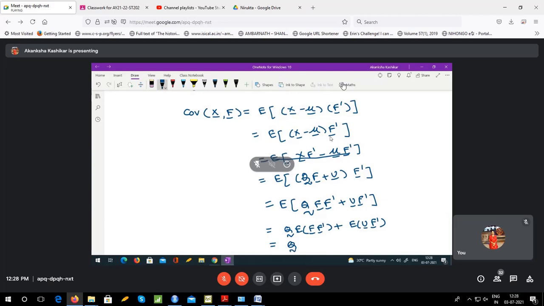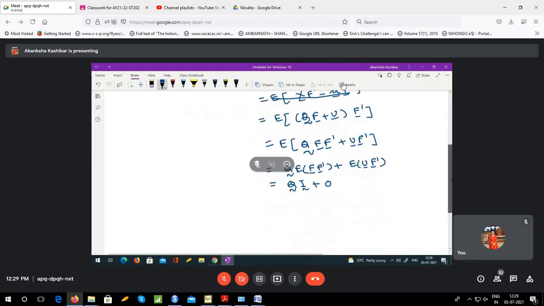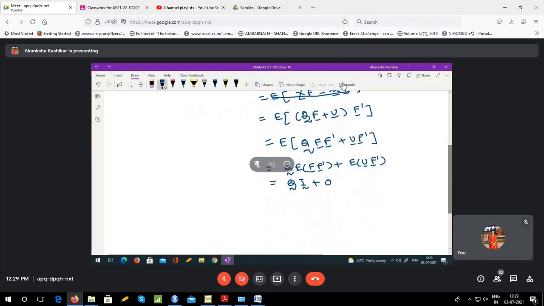And we saw yesterday that expectation of ff prime is an identity matrix, so it's just I, and expectation of uf prime is 0, because this is again our assumption that covariance between u and f is 0. Okay, so what I got is covariance between x and f is the Q matrix.